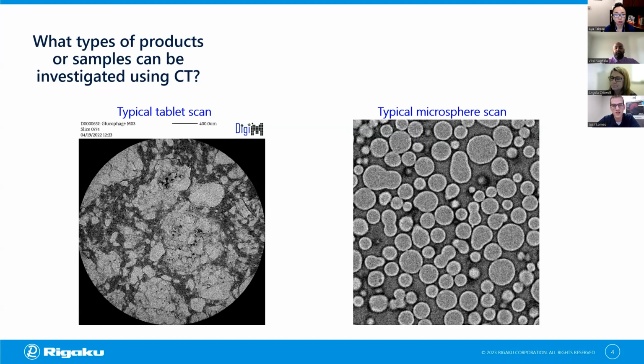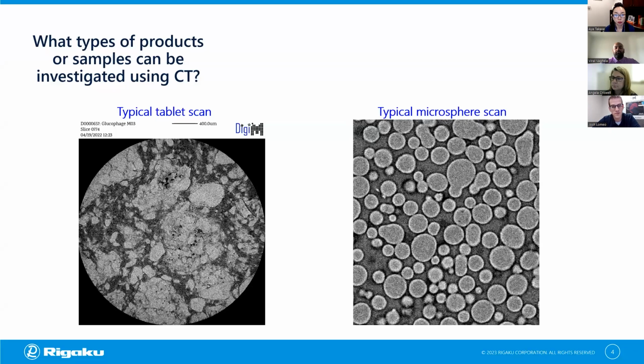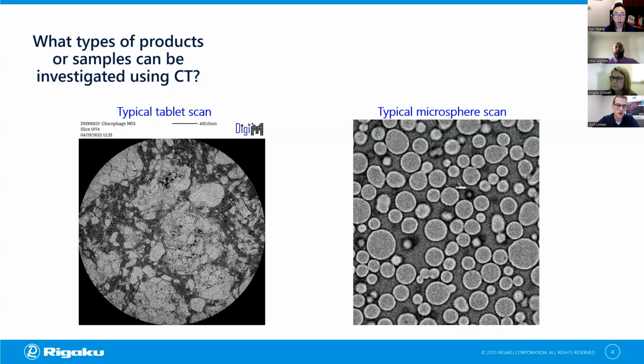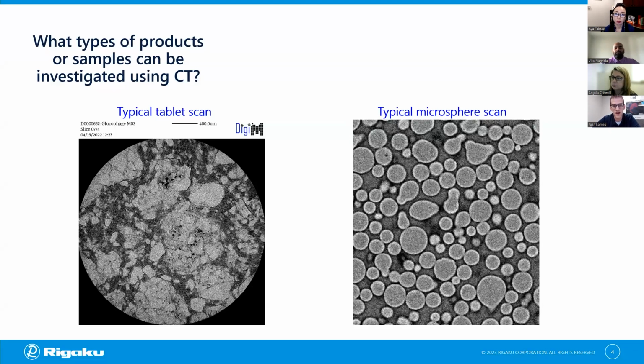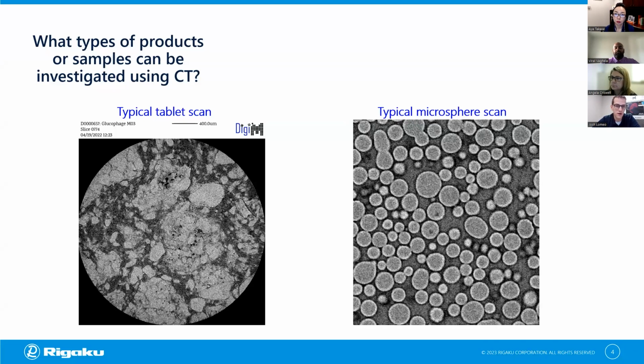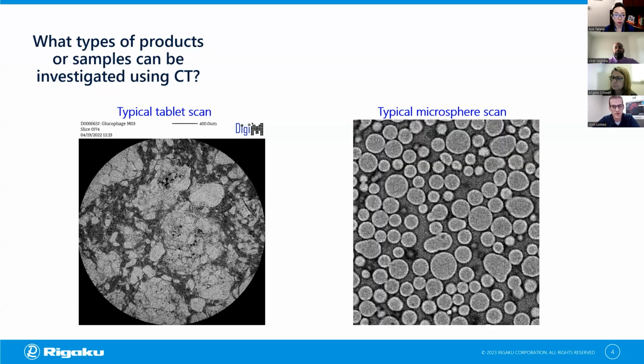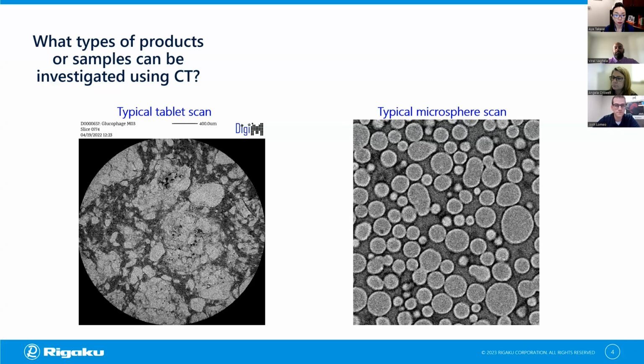But we can scan it in the tube, or we can simply squeeze it out and dispense it into a smaller plastic vial or tube. That is a preferred method for many of our powder samples as well. Scanning in a plastic tube is a good way to go there as well.